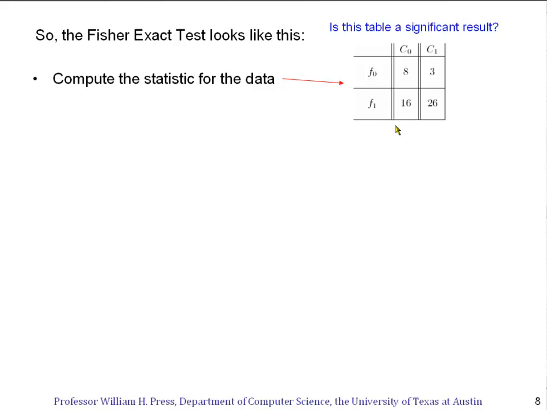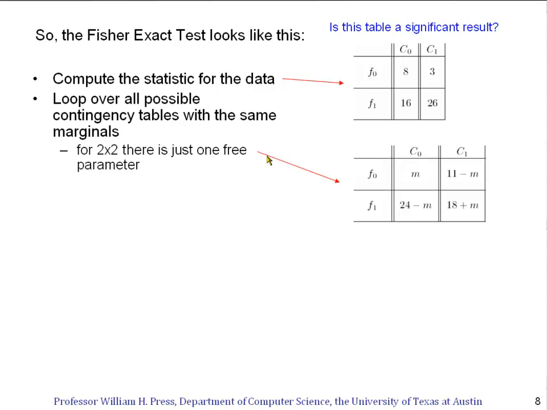So what do we do? We compute the numerical value of the statistic, say the Wald statistic, for the exact data that we have. We now loop over all possible contingency tables that have the same marginals, both row and column. And you'll see in this case there's just one free parameter, 1 degree of freedom.